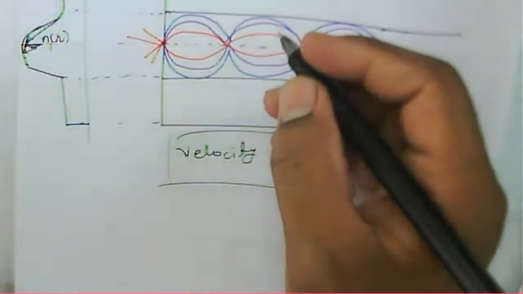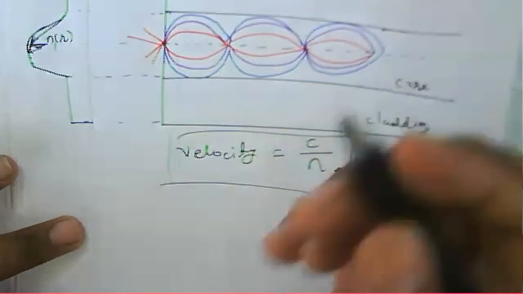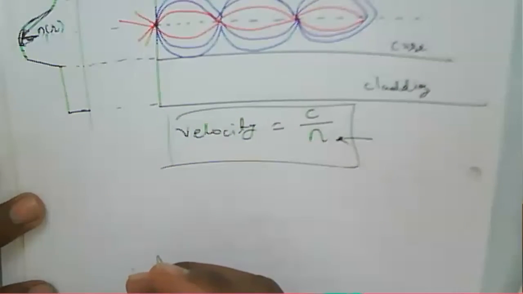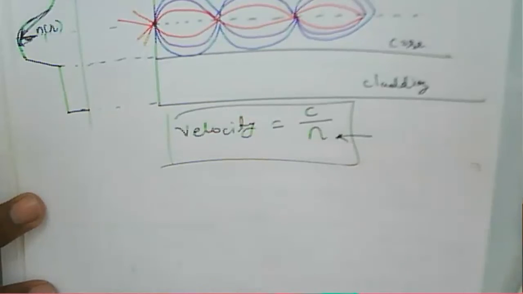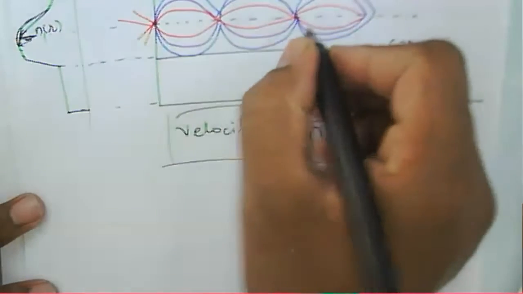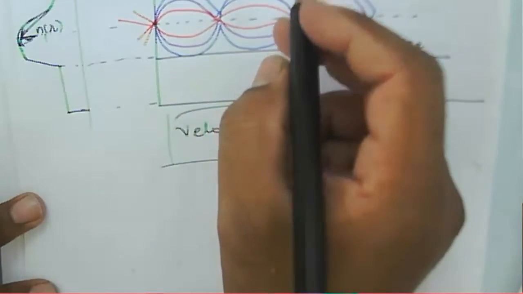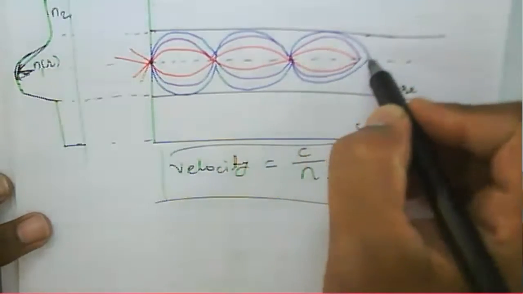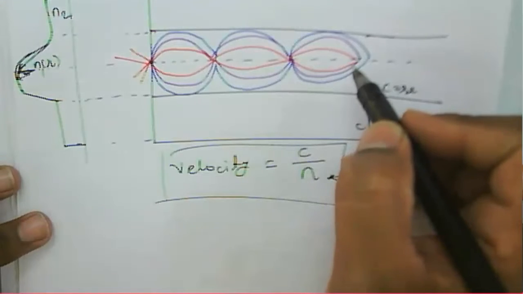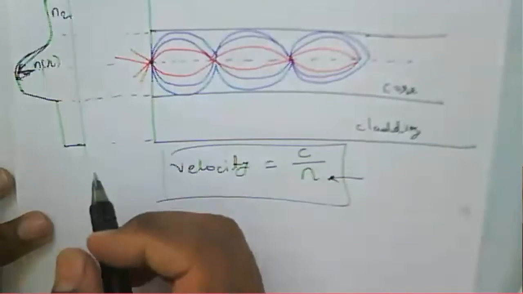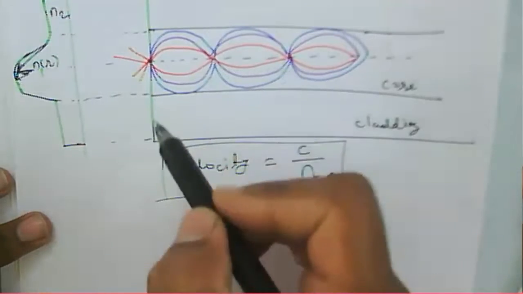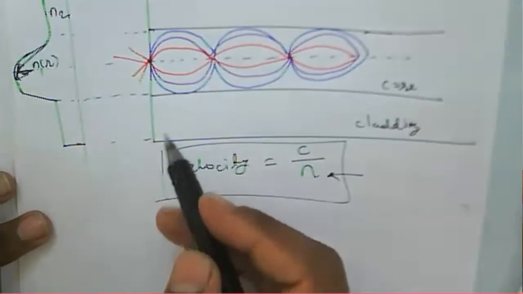So in a multimode fiber, there are delay differences because different rays propagate with different path lengths. So there may be a delay difference between the fastest mode and the slowest mode.